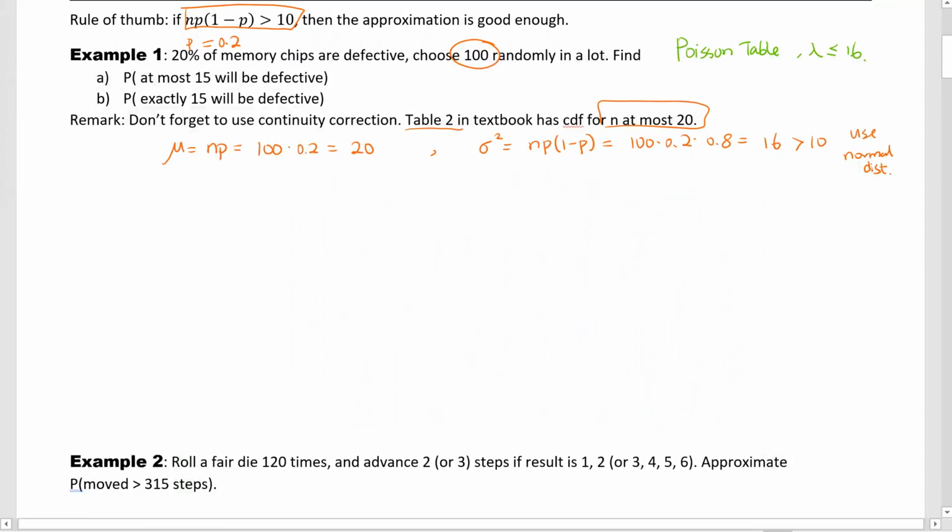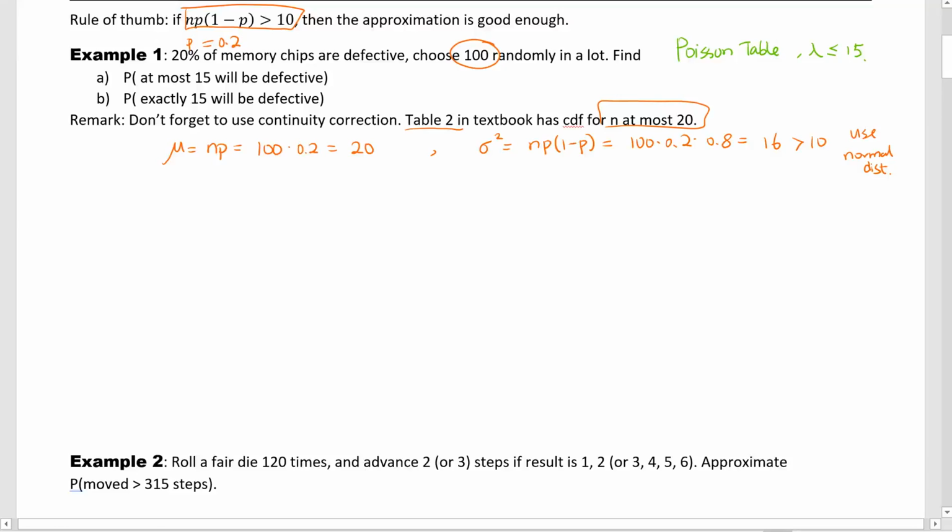So that's why when your lambda is greater than 15, you either use an online calculator, or you should use another distribution. Okay. Next. So we're going to use the normal distribution to approximate it.